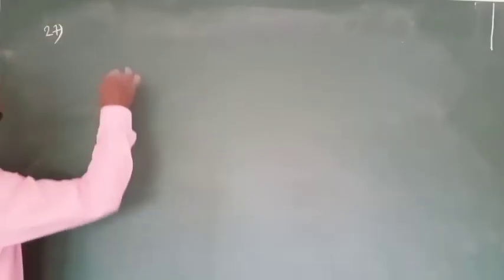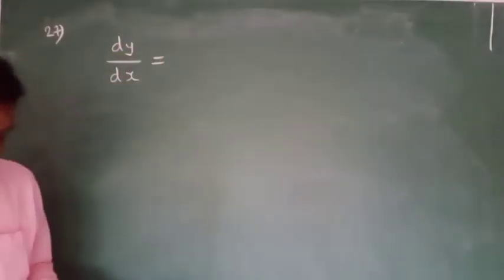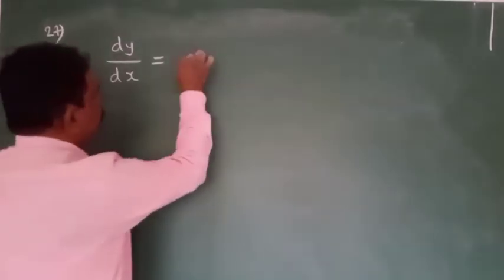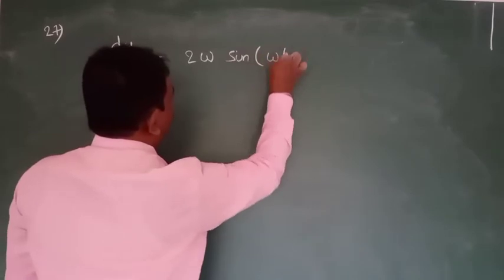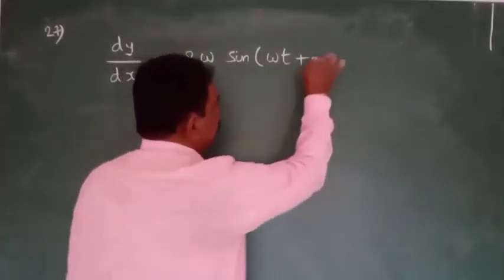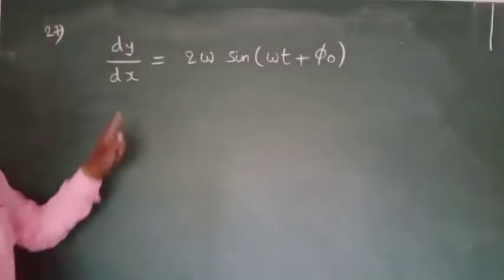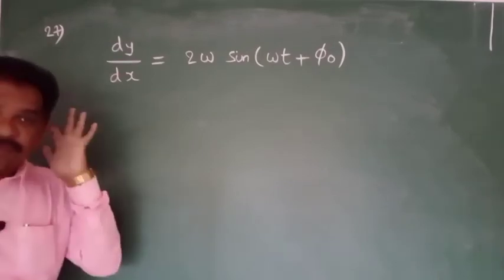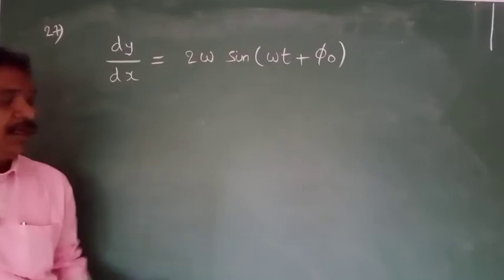They gave one equation. Dy by dx is equal to 2 omega sine of omega t plus phi naught.